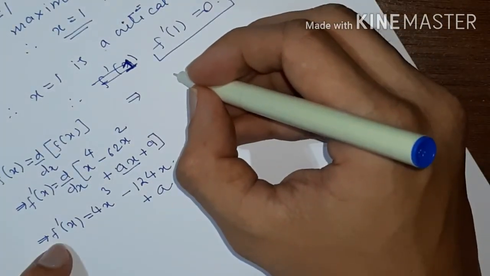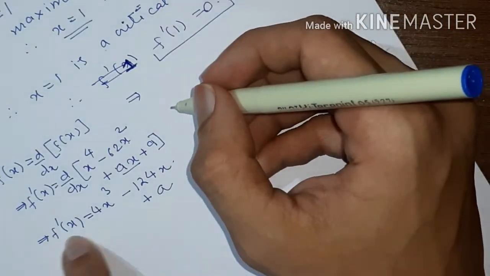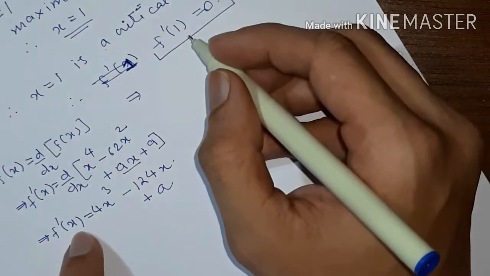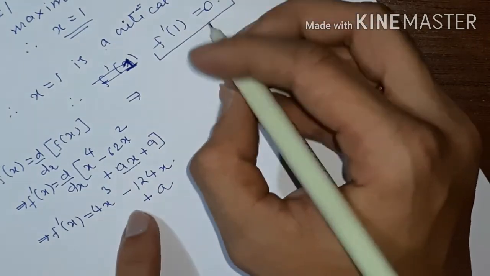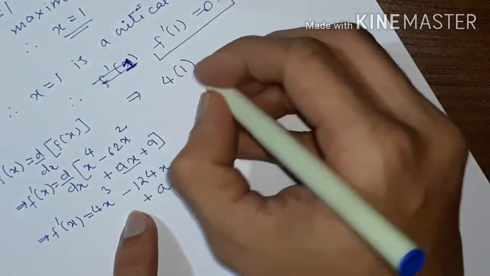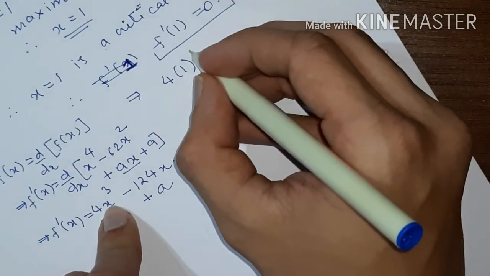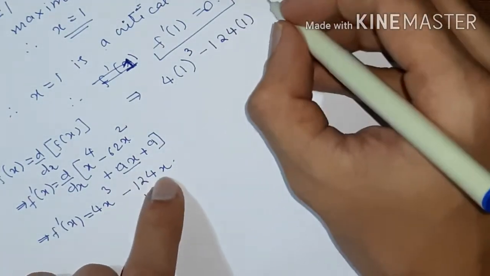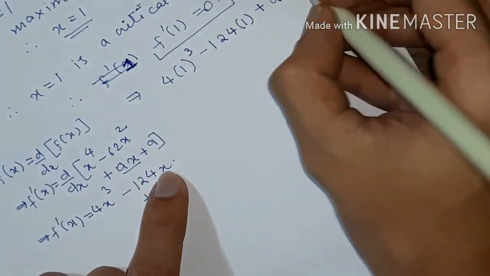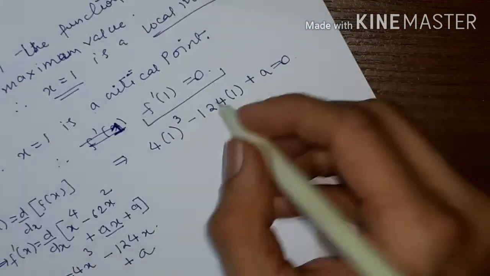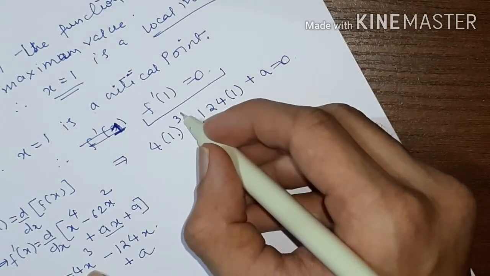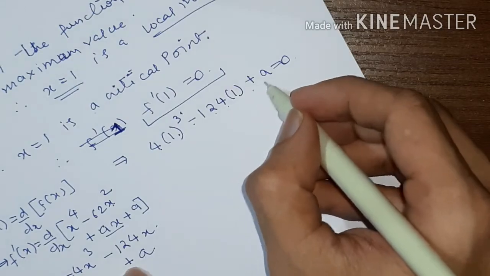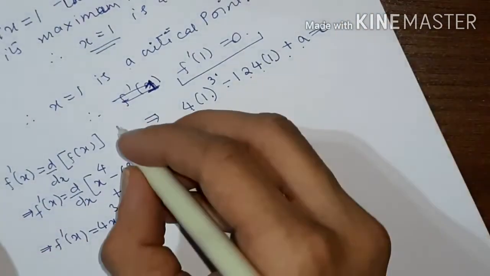So now you got f prime of x as this. So what will be f prime of 1 then? Just substitute x equal to 1 here. So 4 times x cube minus 124 times 1, plus a equal to 0 you will get. 4 multiplied by 1 cube minus 124 times 1, plus a equal to 0.